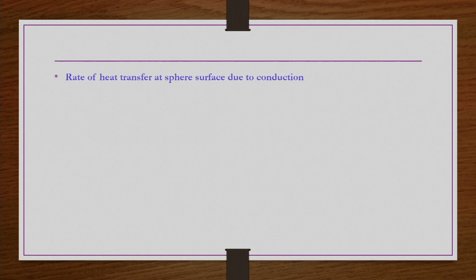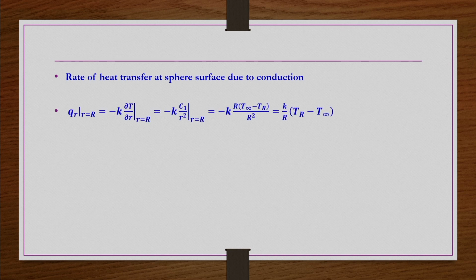Okay. So, now we try to find out the Nusselt number expression for this case. So, rate of heat transfer at sphere surface due to conduction is nothing but QR at R equals minus K dou T by dou R at R equals capital R. So, dou T by dou R we have seen is C1 by R square, right, at R equals capital R. So, minus K by capital R square, and then C1 is nothing but R multiplied by T infinity minus TR.